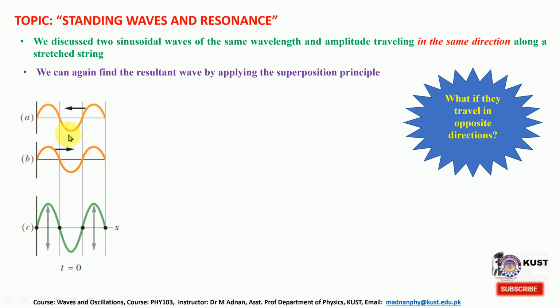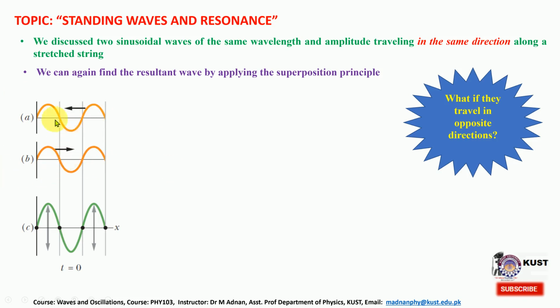Now, in order to have a standing wave pattern, these two waves should have the same wavelength and amplitude, and they need to superimpose each other. That is, they are, for example, traveling on the same string but in opposite directions.